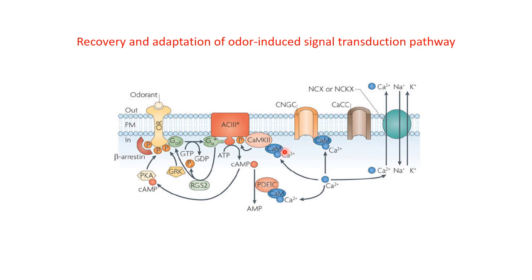Moreover, this calcium can affect these chloride channels and also affect a multitude of enzymes here in these cells. Also, finally, as shown here, some of the other components that are involved in recovery of the signaling cascade. So other molecules are beta-arrestin, PKA, and also RGS-2.